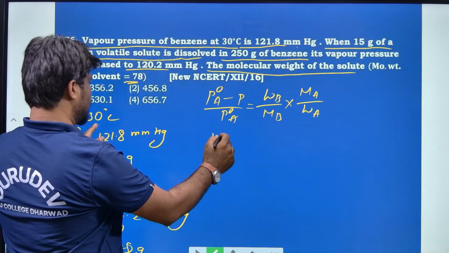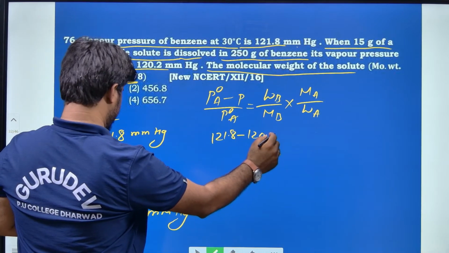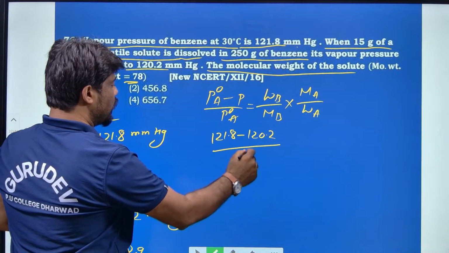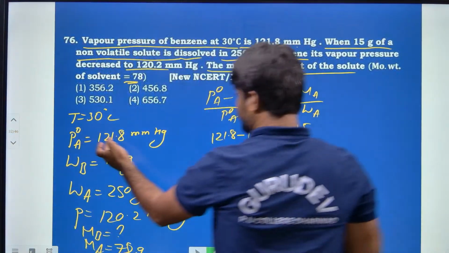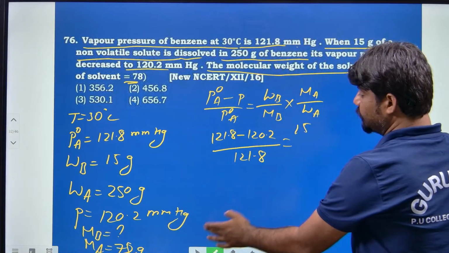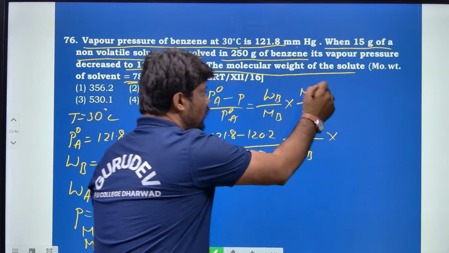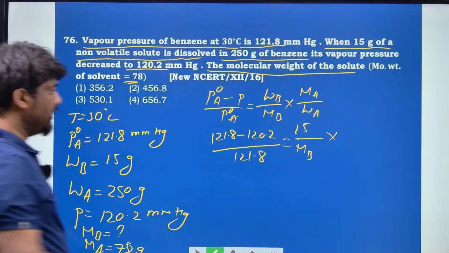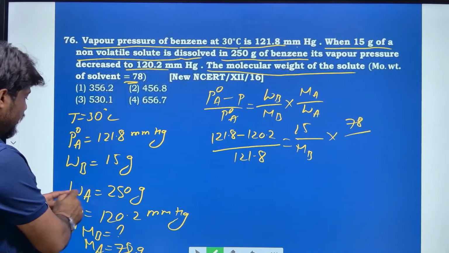That is 121.8 minus 120.2, divided by 121.8, is equal to the weight of the solute 15 gram, yes, given, divided by its molecular mass. We need to calculate MB, into MA. MA value is 78, divided by WA. WA is given 250.